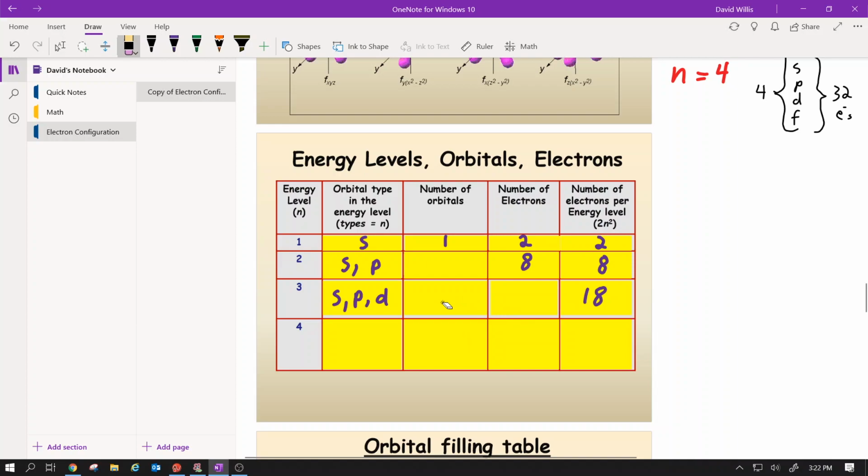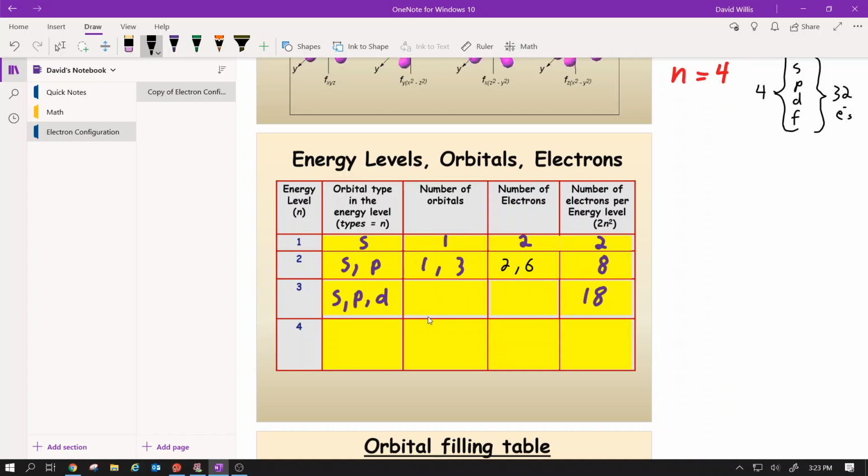Let's see. So check this out. The S and the P: there's 1 S orbital and 3 P orbitals, for 2 and 6 electrons, a total of 8.